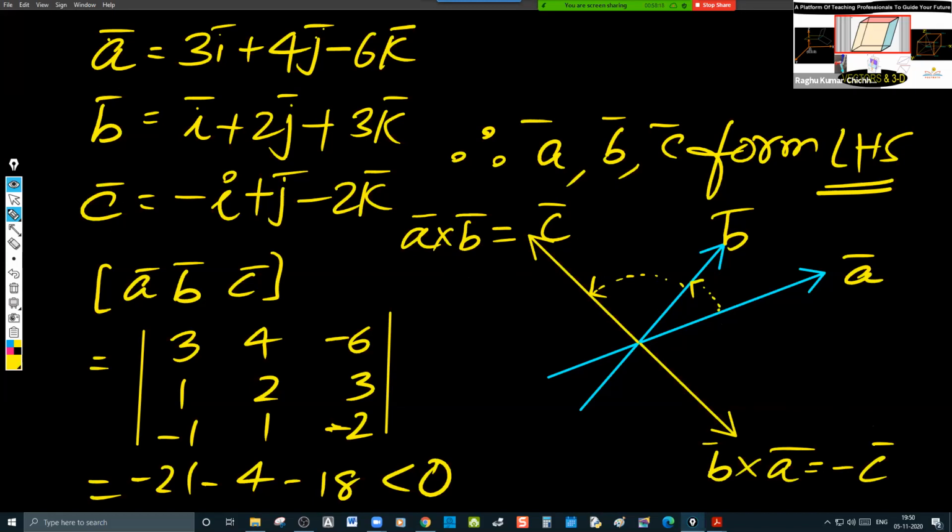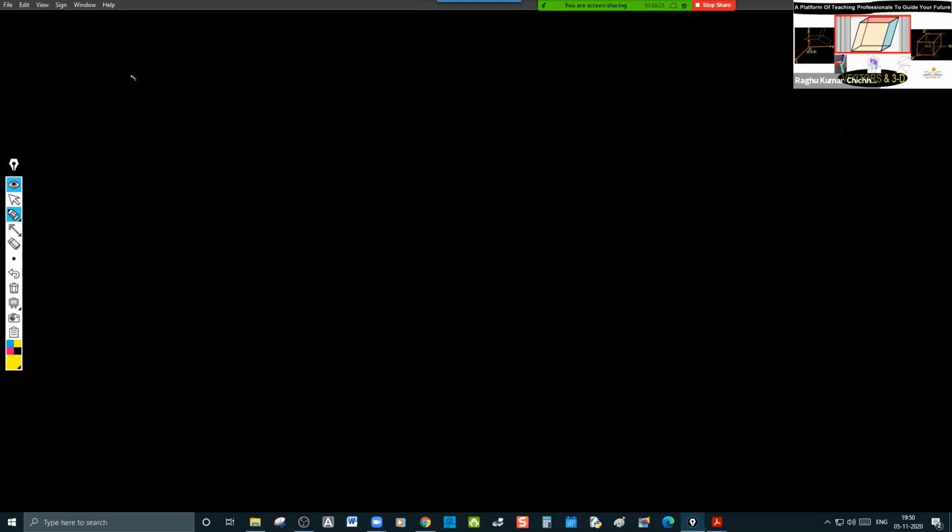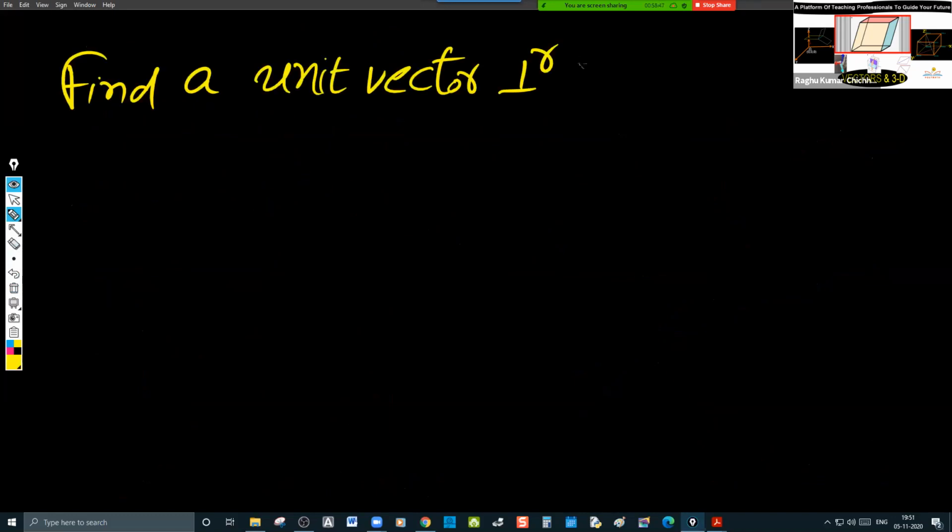Whenever you have a question like this, it is very important, a frequently asked question: find a unit vector perpendicular to both A bar equal to i minus j plus 2k and B bar equal to 3i minus j plus 2k.